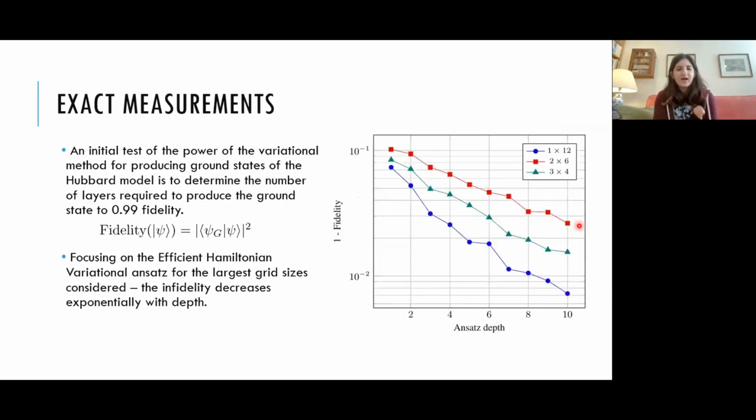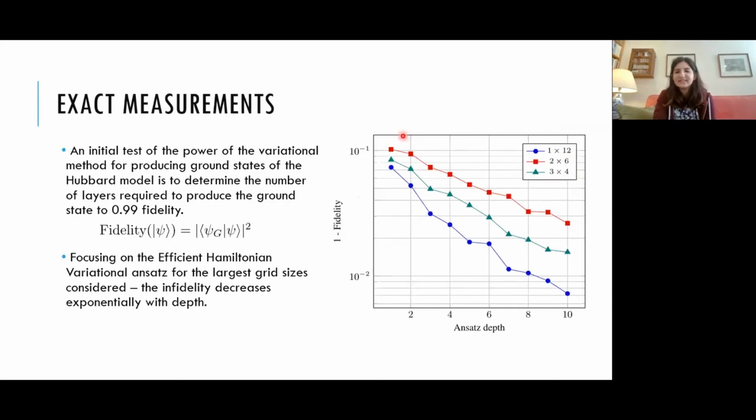If we focus on the efficient Hamiltonian Variational ansatz, for the rest of the results I'm going to show you, we focused on that because it was definitely the fastest to run. The largest grid size we went up to was grids of 12 sites, and there are three different ones that we've done.